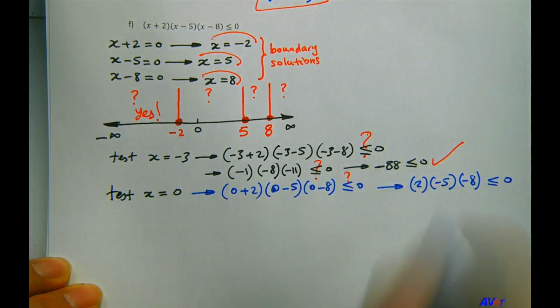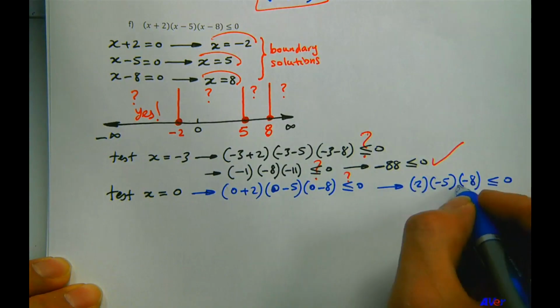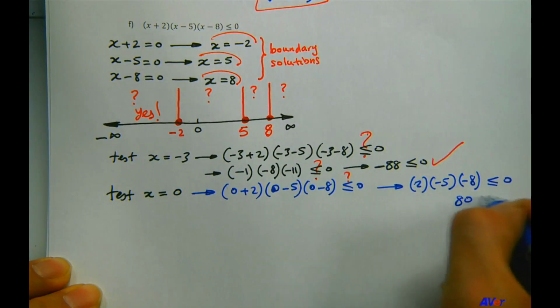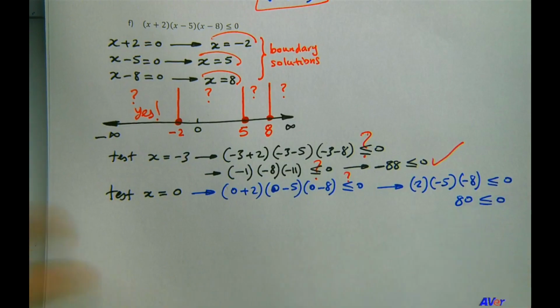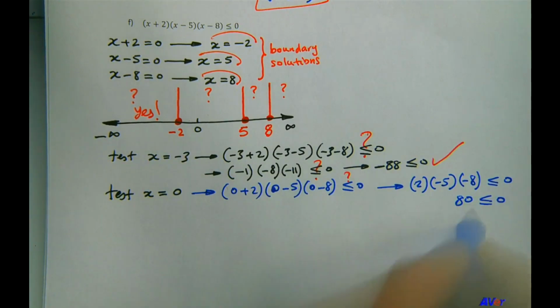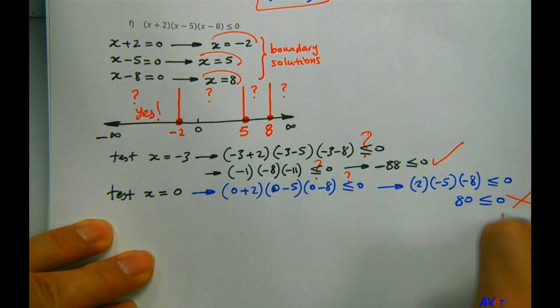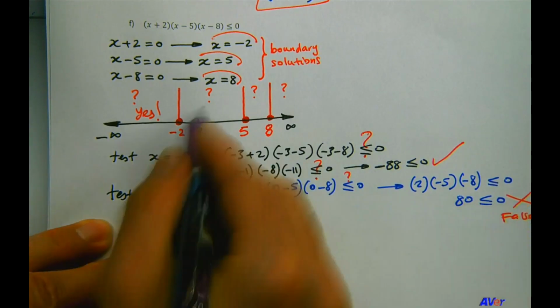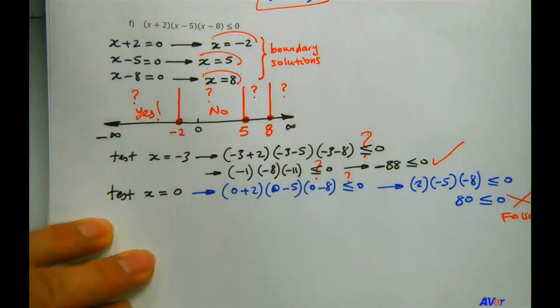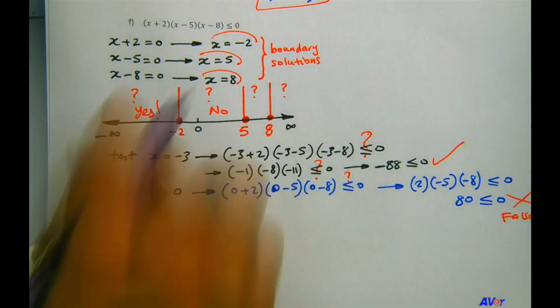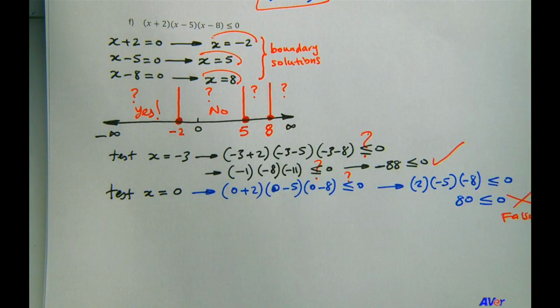Multiply all of those, you get positive 80. Is that statement true? Is 80 less than or equal to 0? Absolutely not. False. So we come here and we say no. That region is not a solution.